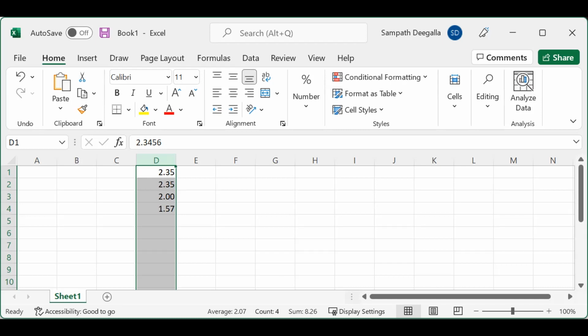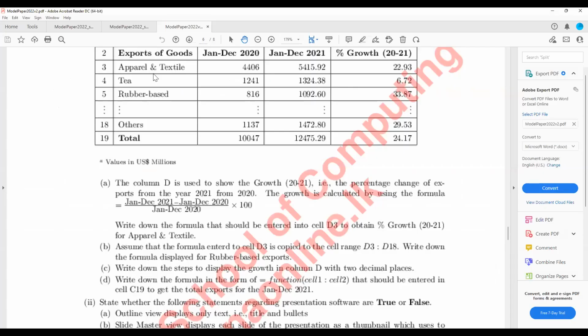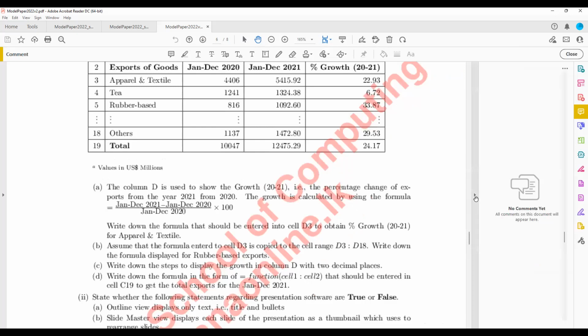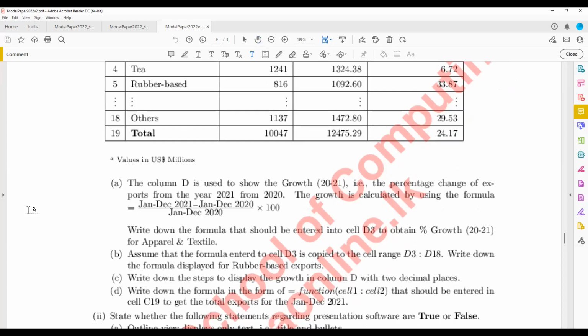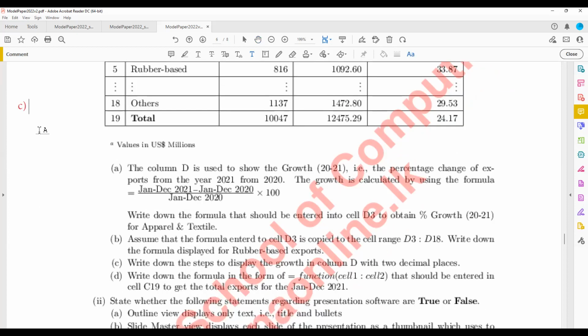So shall we write down the steps? Part C, right? First step, select column D. Second step, right click, select format cells.